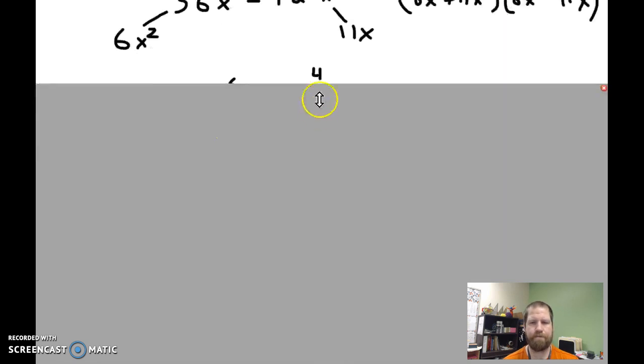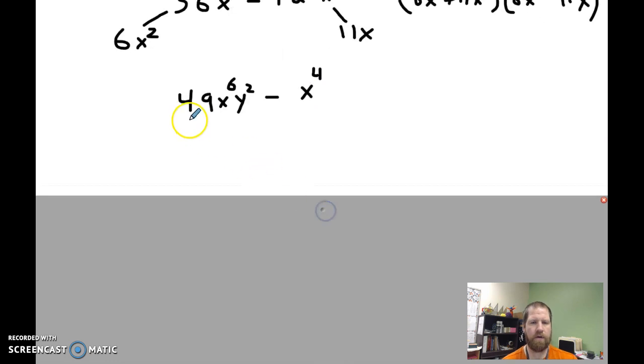All right, 49x to the 6th y squared minus x to the 4th. Well, break it up if you're not sure. 49 is 7 times 7, so that's a perfect square. x to the 6th is x to the 3rd times x to the 3rd, so that's a perfect square. y squared is y times y, that's a perfect square.